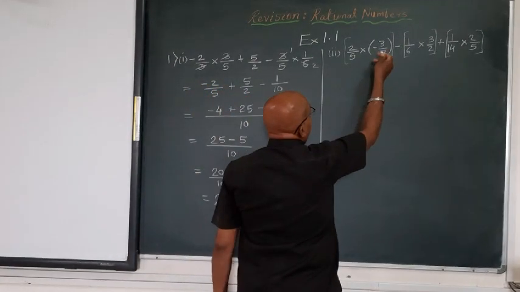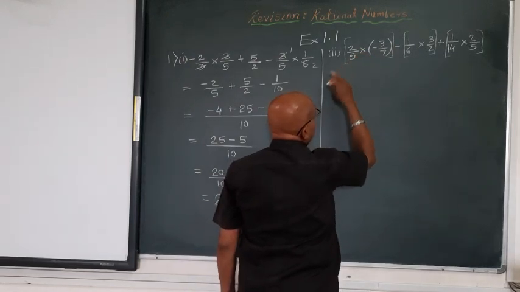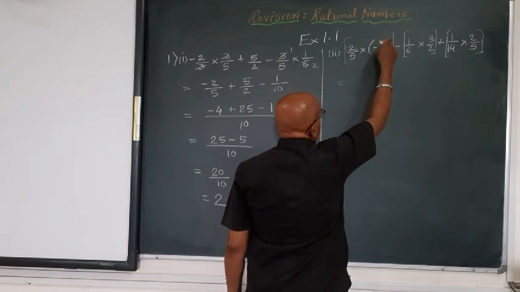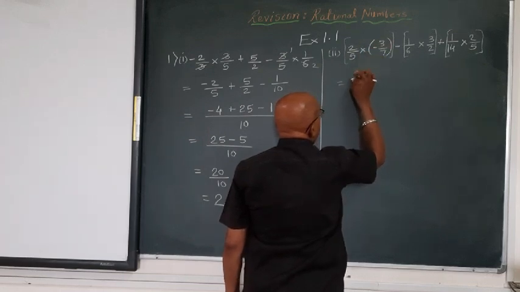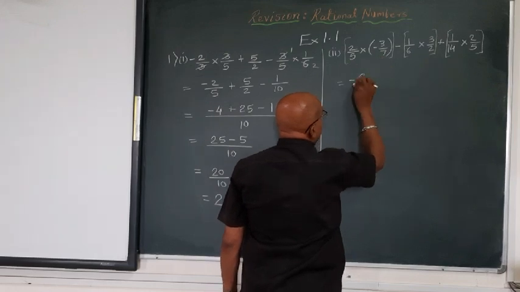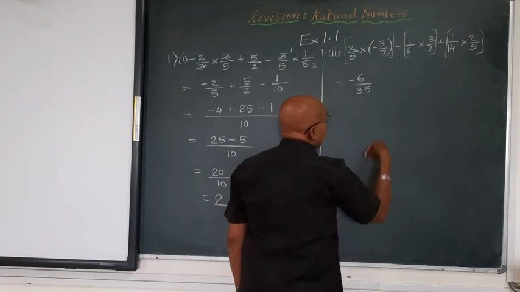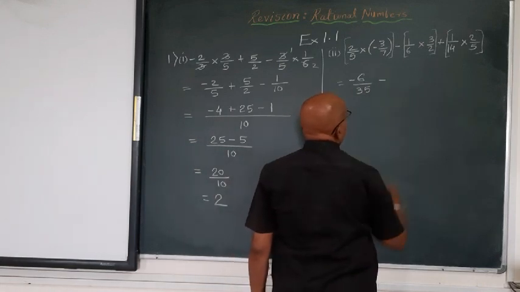So if we directly multiply here, what we get? 2 3s are 6 with minus sign, 7 5s are 35, so -6 upon 35 minus.